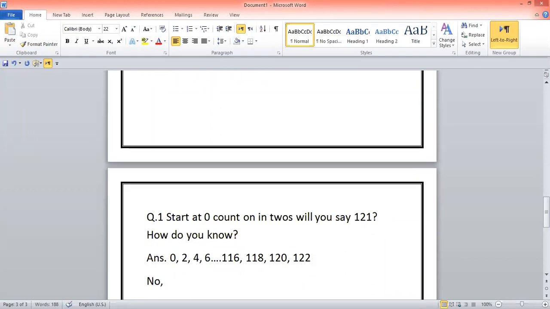Why? Because the last digit 1 is not a multiple of 2.